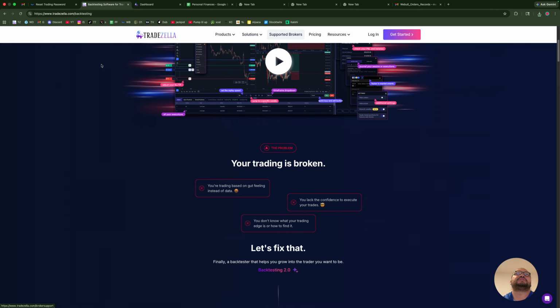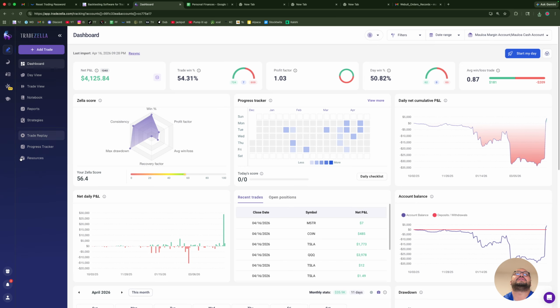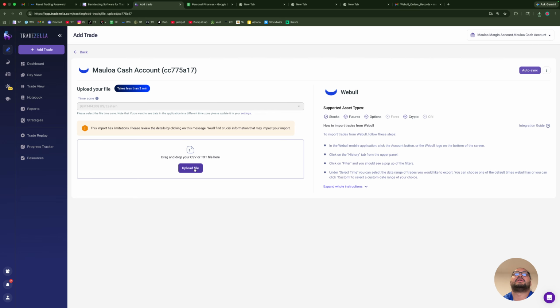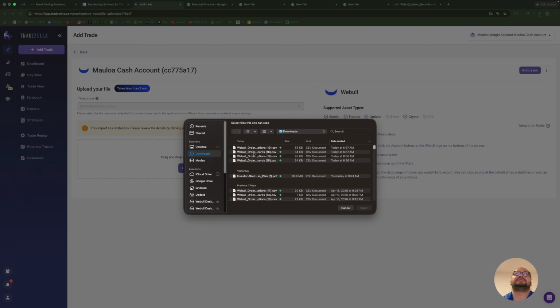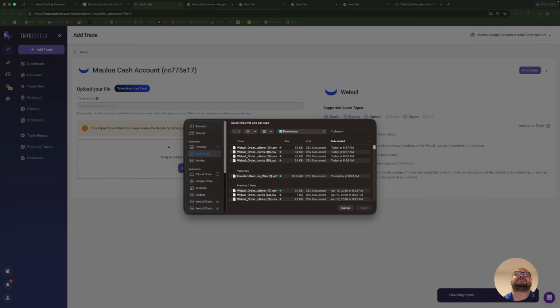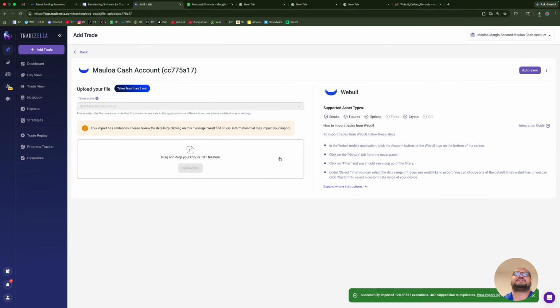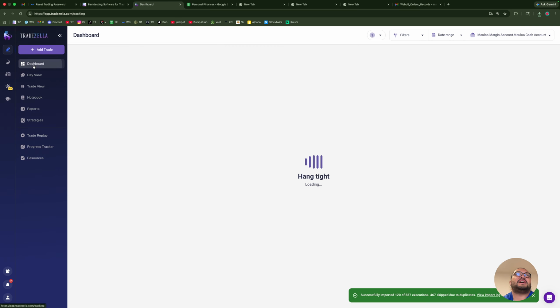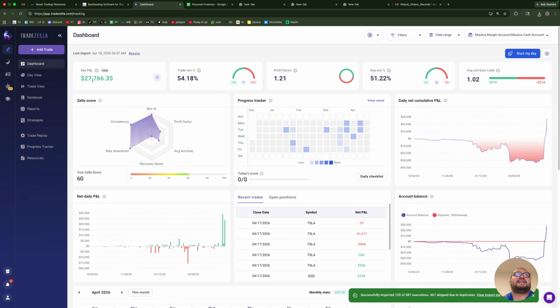I go into TradeZilla, I log in here, I add my trades. I go into the Mauloa cash account here. I upload file, and then I just upload these two files that are here. I do it again, upload file, do 16 now. Now that it's all uploaded, I go to dashboard, and now my overall account balance.